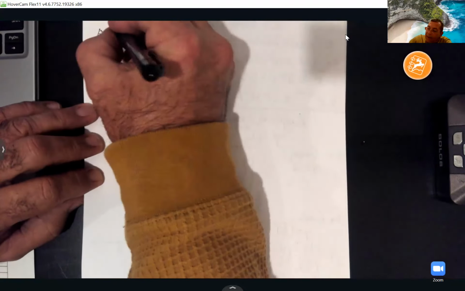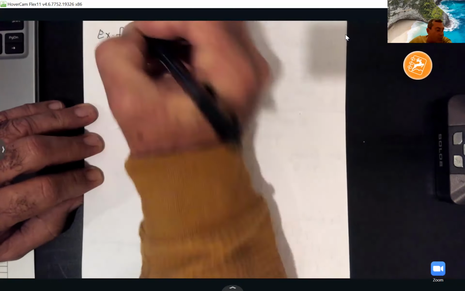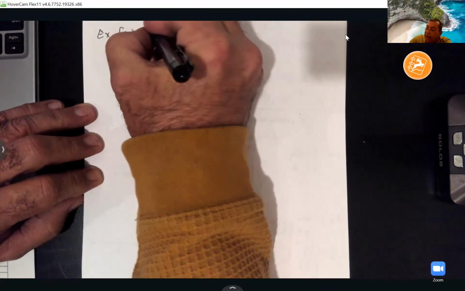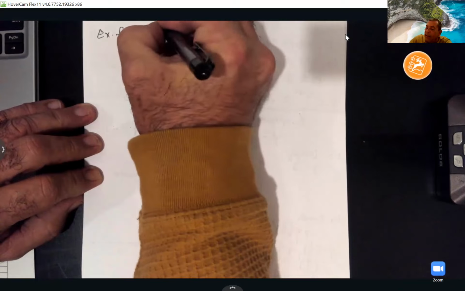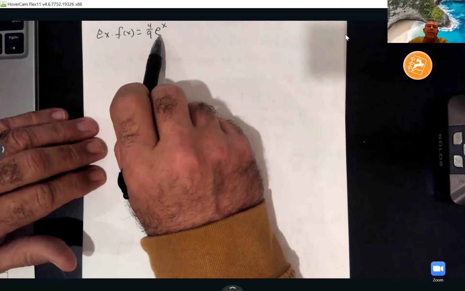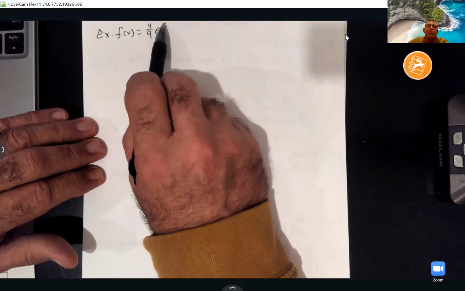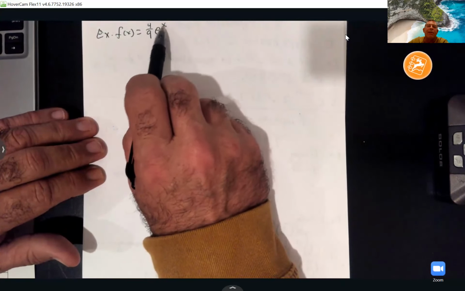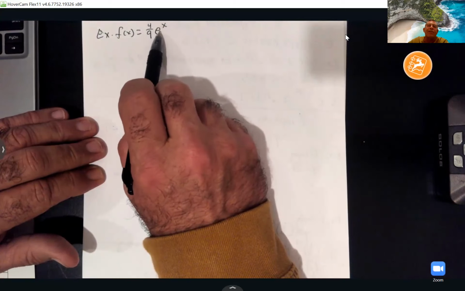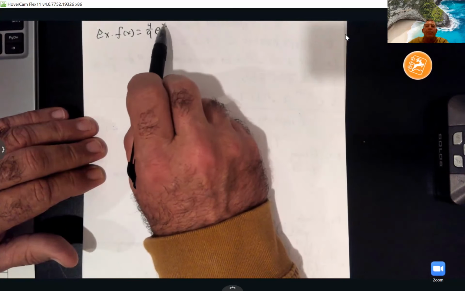So f of x equals 4/9 e to the x. Now this e is what's really being affected by the exponent. It's not a fraction with the exponent, it's the e with the exponent.